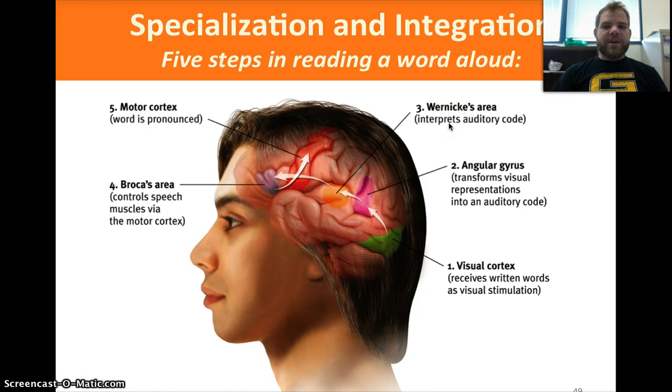So Wernicke's area interprets the code, Broca's area produces the speech. That's a good way to remember those two. Wernicke's area interprets, Broca's area speaks. So this is what's happening in your brain right now.